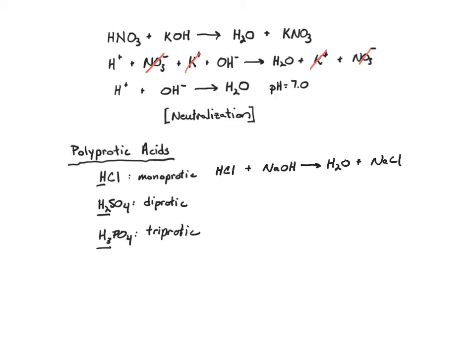But if I take a diprotic acid like sulfuric acid and react that with sodium hydroxide, I now have two protons that have to be removed, which means I need two sodium hydroxides, and that'll produce 2 moles of water plus sodium sulfate.